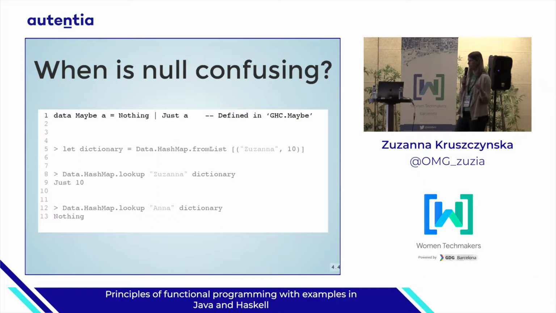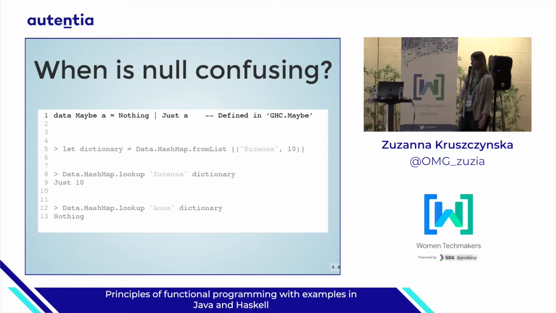So here we have data Maybe A. A here, since it's not specified, means that it could be any other type that you can think of. So it could be a string: you can create a Maybe String, and it would be a type. Or it could be Maybe Integer, even Maybe Boolean if you want to.